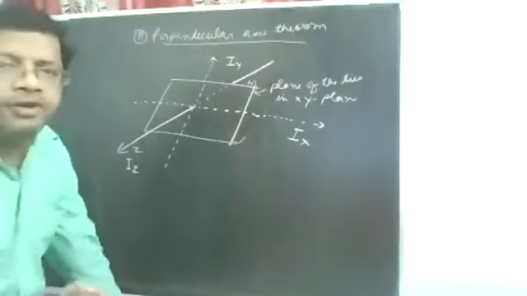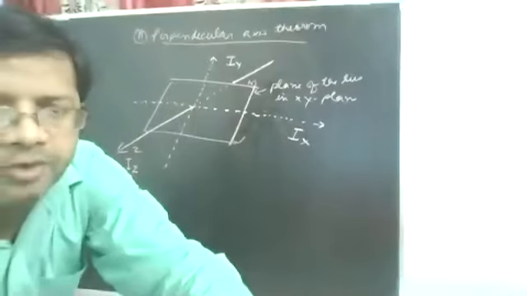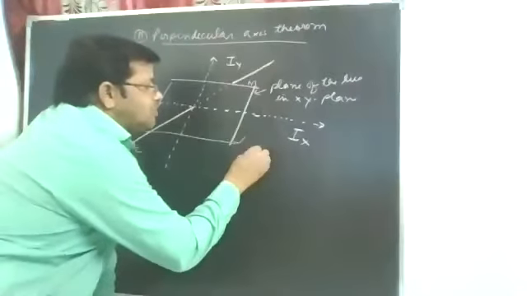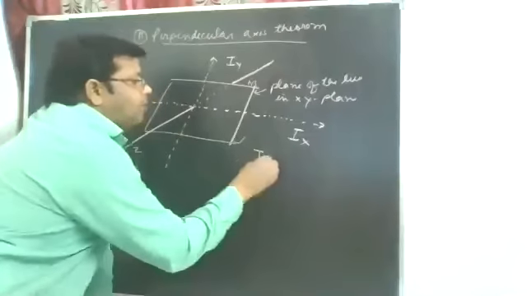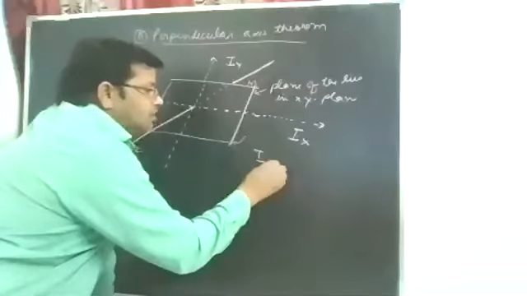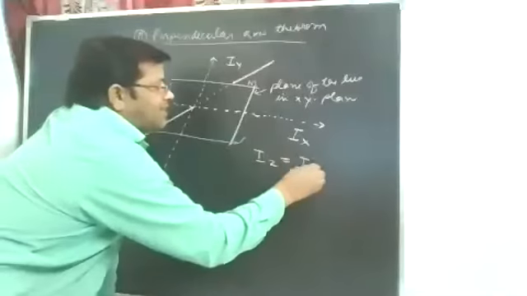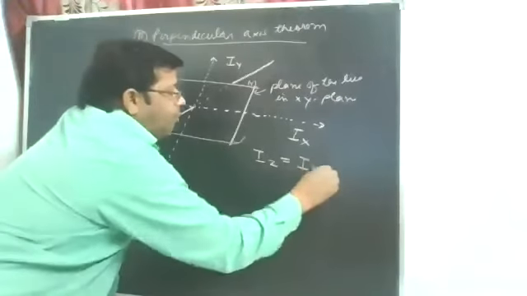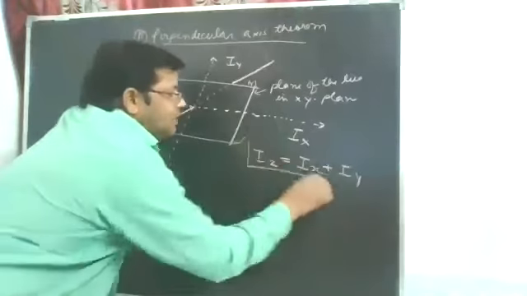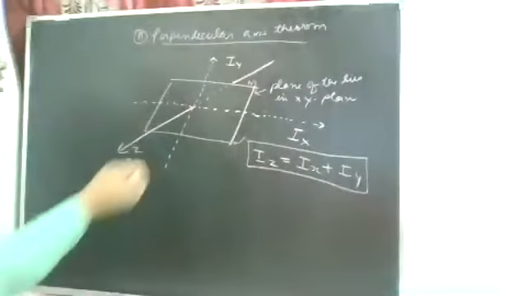Now, according to the perpendicular axis theorem, the moment of inertia of the body about the z-axis will be the sum of the moment of inertia of the body about the x-axis and the moment of inertia of the body about the y-axis. What is the statement here?